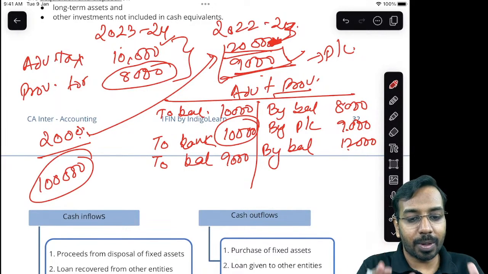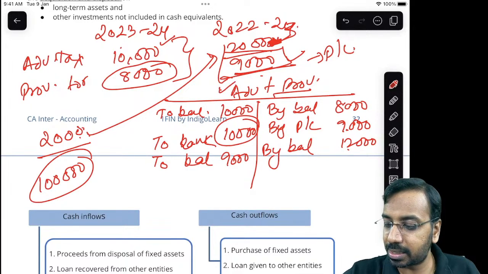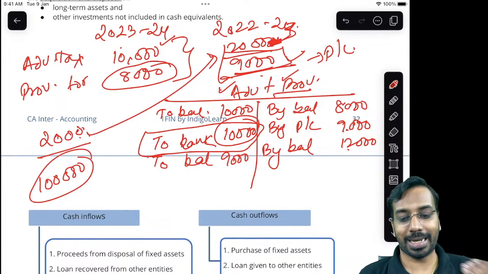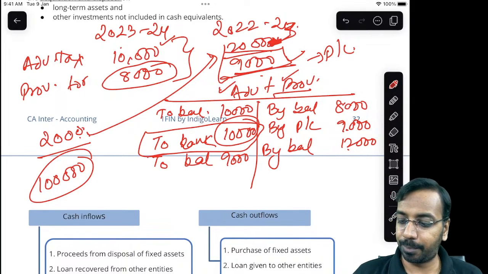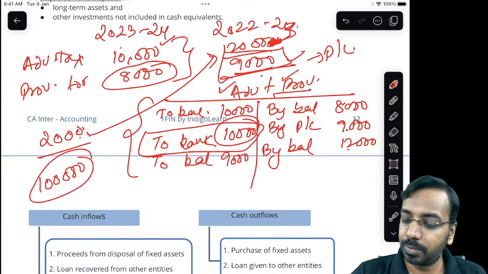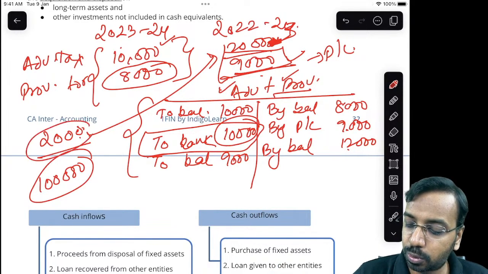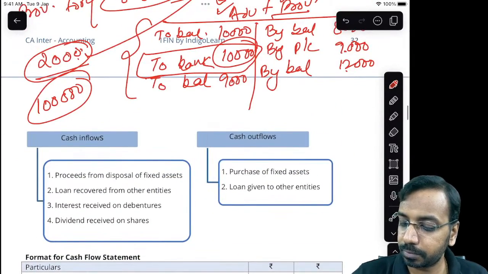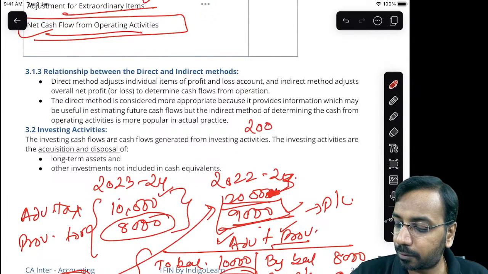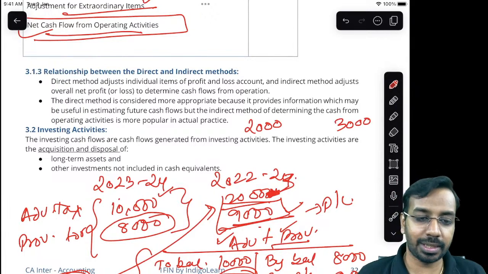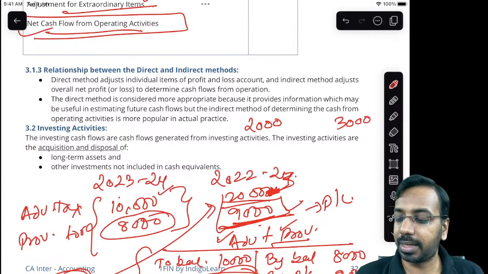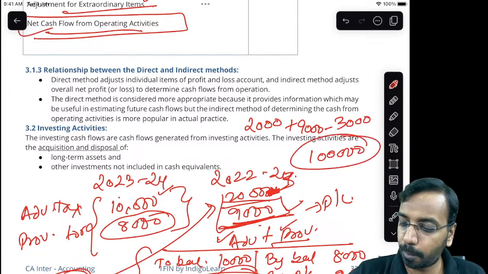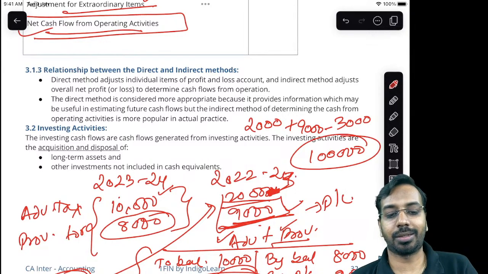Opening, on a net basis, there is a net debit of 2,000, closing there is a net debit of 3,000, and in the period you have charged expense of 9,000. So 2 plus 9,000 minus 3,000 gives 10,000, right? So this is how you can calculate taxes paid during the period.